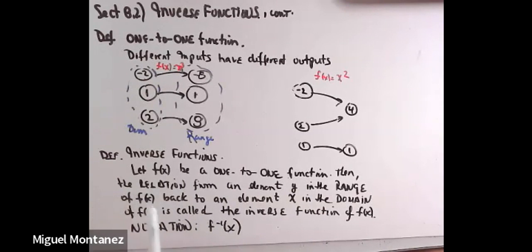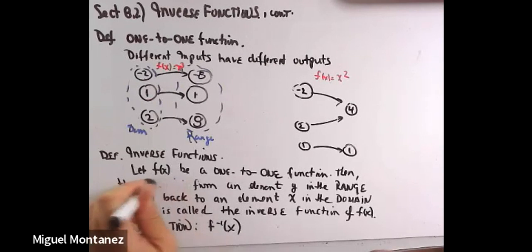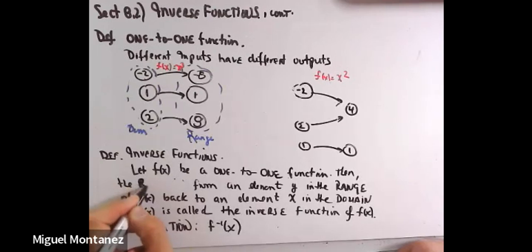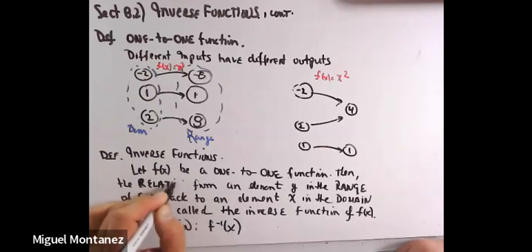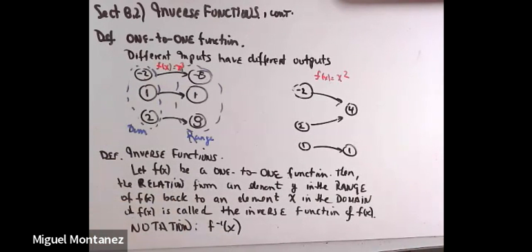Then the relation, what we call relation is the pairing, the mapping, the arrows, from an element y in the range of f of x back to an element x in the domain of f of x is called the inverse function of f of x. Notation: f inverse of x.